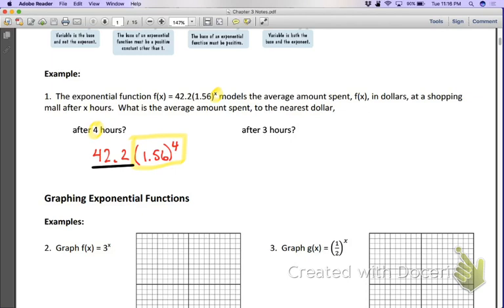You can do it all together, but this helps. Don't round. If I have 1.56 to the 4th power, it's 5.922408896, whatever. Multiply that by 42.2.